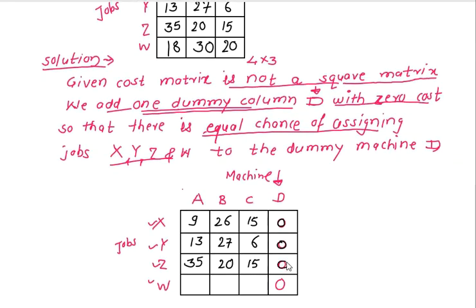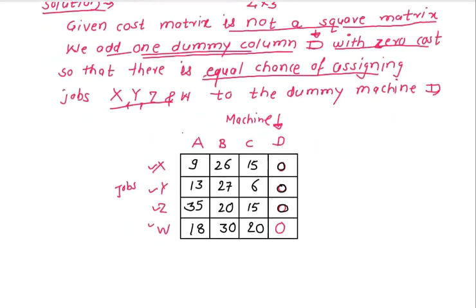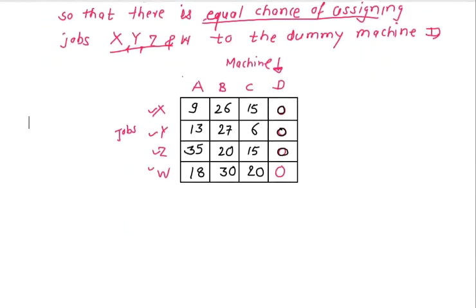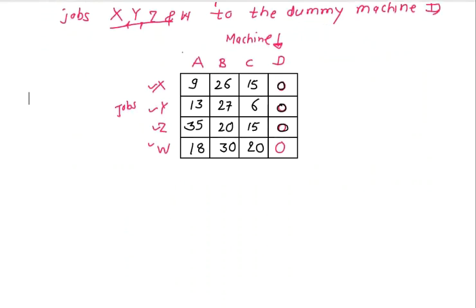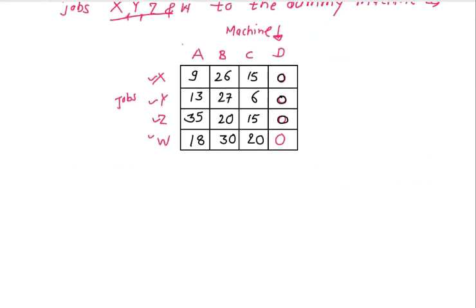Last row 18, 30 and 20. So this is a balanced assignment problem. The cost matrix is a square matrix now. We say that it is a balanced assignment problem.